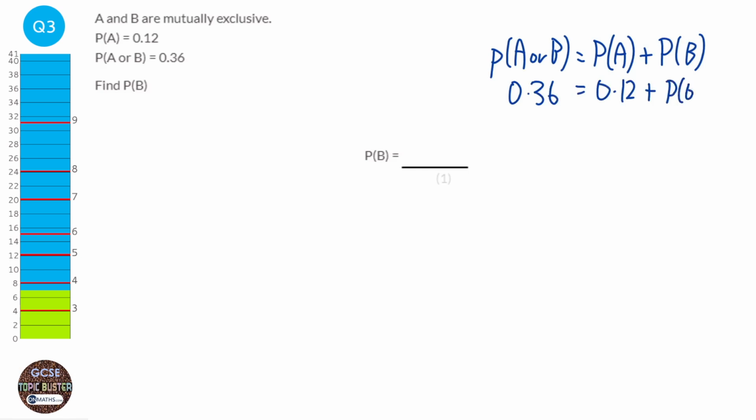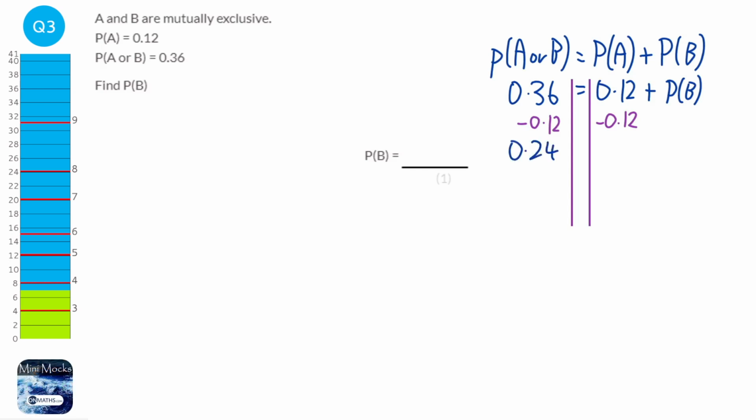And so to work out the probability of B, all we need to do is solve this. We're just going to take away 0.12 from both sides. And that will give us 0.24 is equal to the probability of B. So B must be 0.24. It only works if A and B are mutually exclusive though.